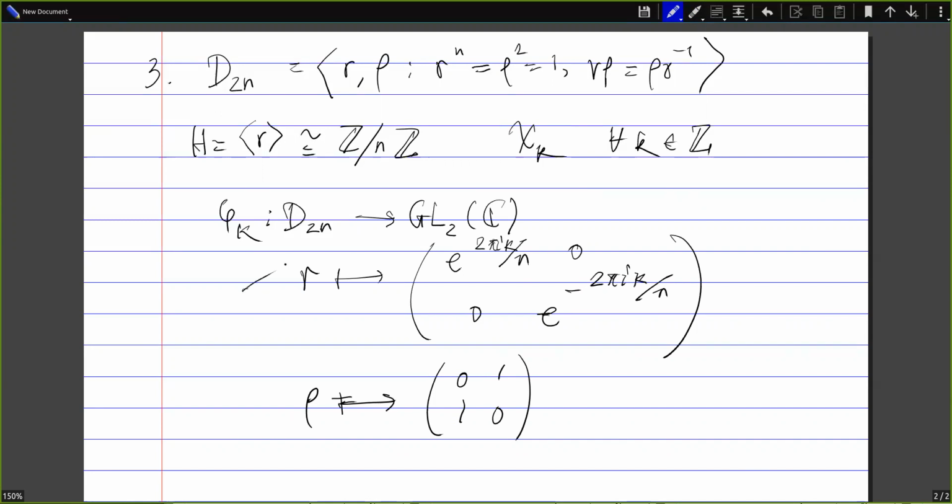Sending R and rho to these matrices respectively, we get a representation phi k of D2N. Now I leave this to you to check that this one-dimensional representation chi k induces phi k.